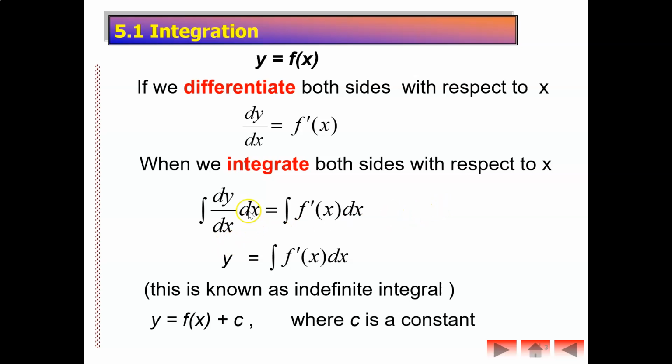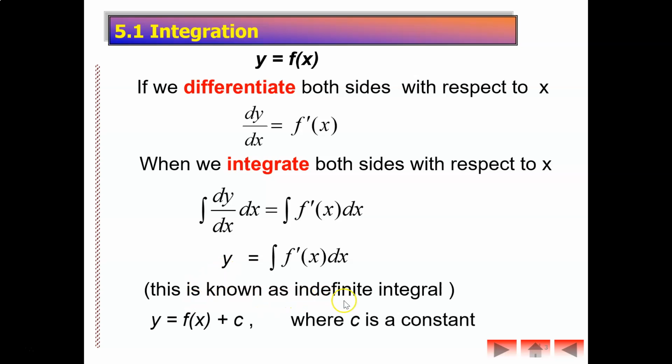What you will get after you write this down is y equal to integration of f prime x dx. Why do we get y over here? Because dx and dx over here you can cancel out. So you integrate dy, and you will get y, only y.